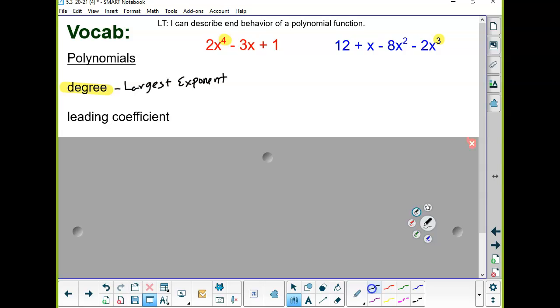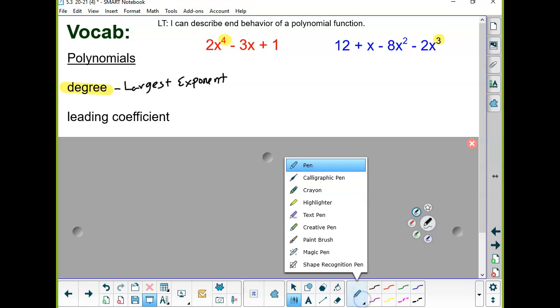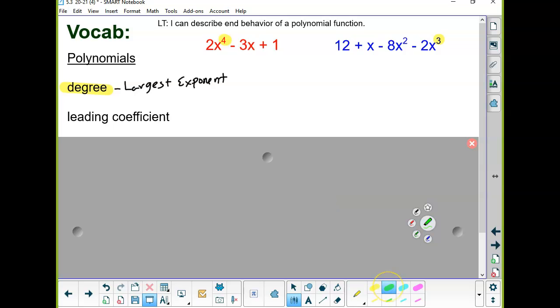The leading coefficient is tied to the degree, and that's important for you to understand. So, if I know what the degree is, the leading coefficient is the number out in front. It's not the x, it's just the number out in front. So the leading coefficient would be 2.